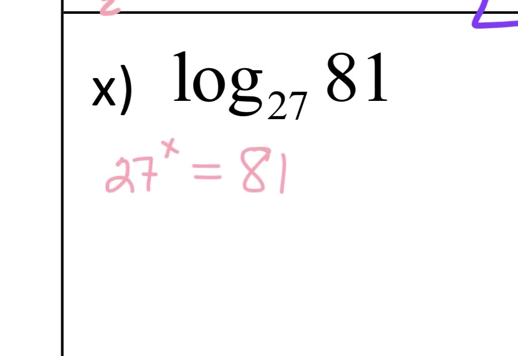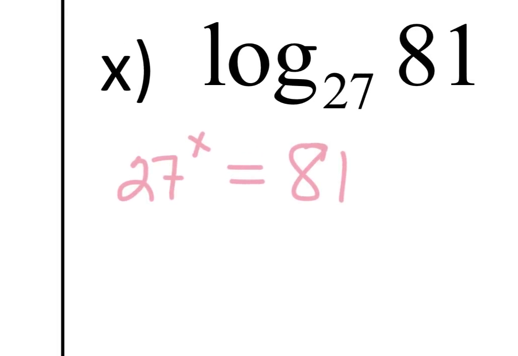And so in this case, I'm going to look at both of the 27 and the 81 and ask myself, is there some number that I can use as a base that's the same for both 27 and 81 so that I can just then solve for the exponents? And in this case, that number is going to be 3 because 3 to the 3rd power is 27.